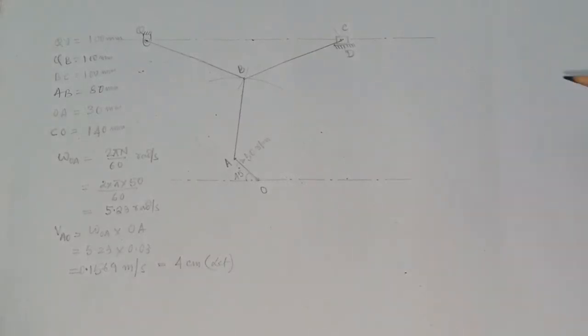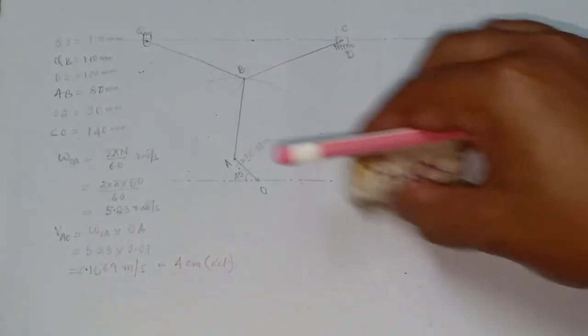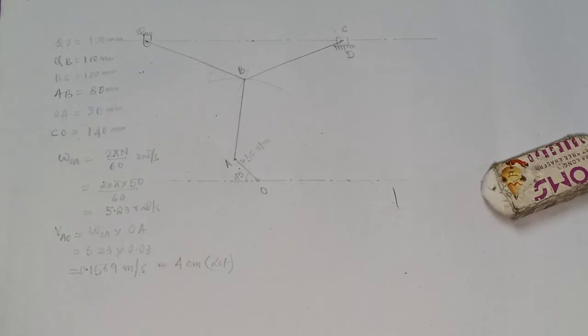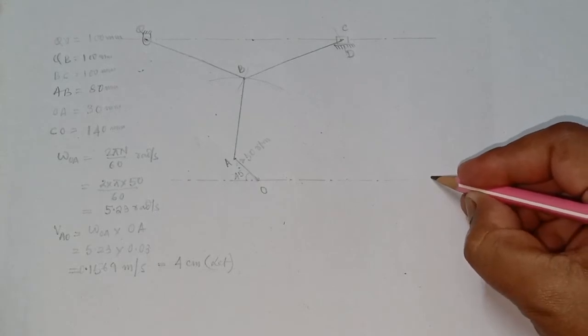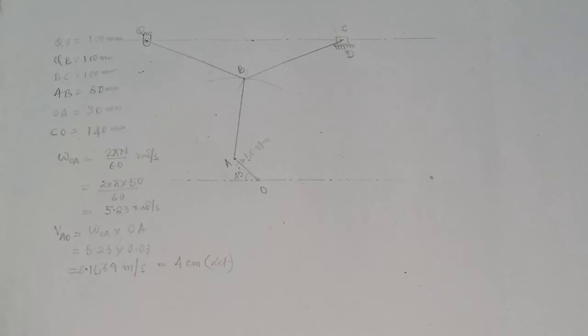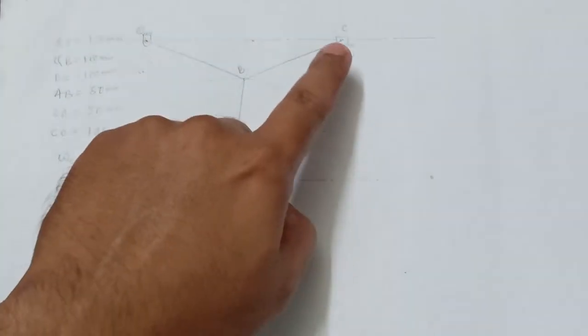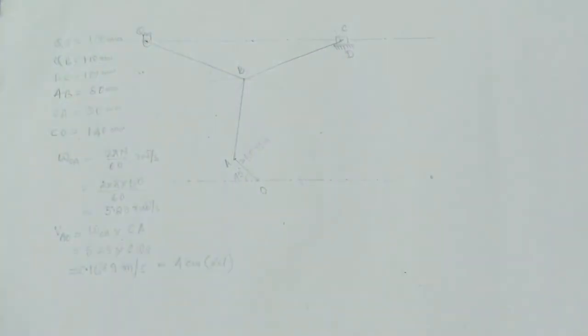Let's draw a single point which will represent the velocity of all the fixed points. Suppose this is our point. This point will represent the velocity of O, velocity of D and velocity of Q.